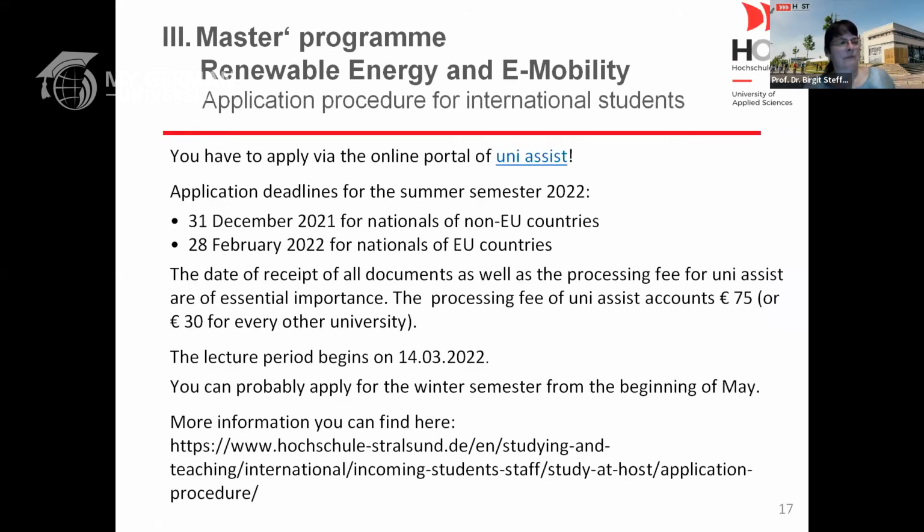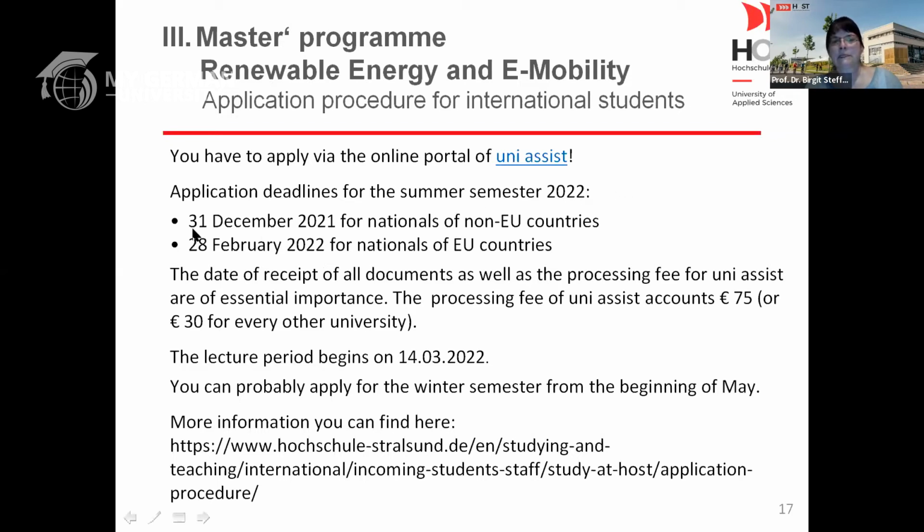So here some words on the application procedure for international students. All international students have to apply via the online portal of UniAssist. Here are our deadlines for the next summer semester.